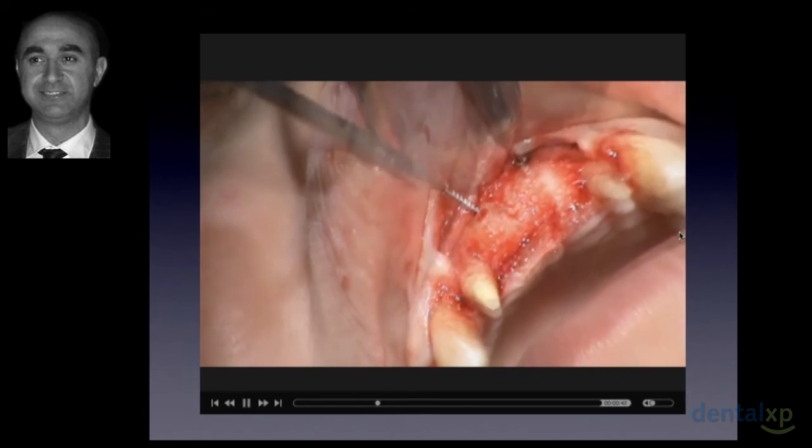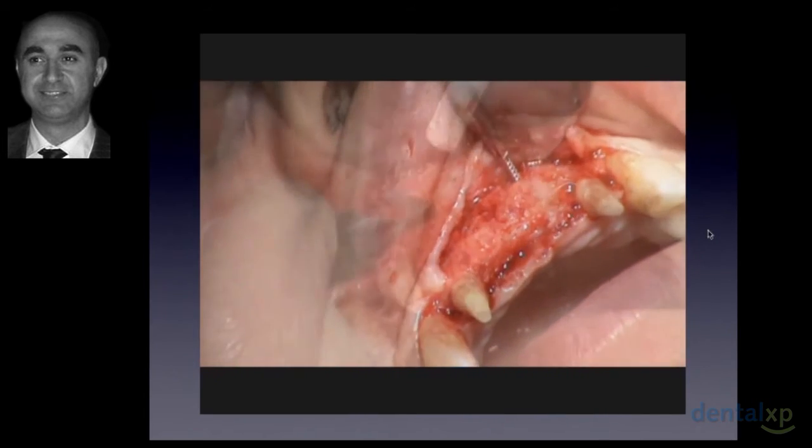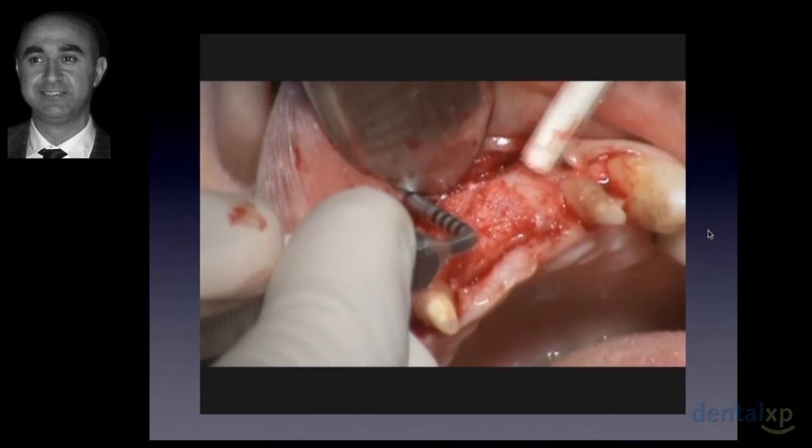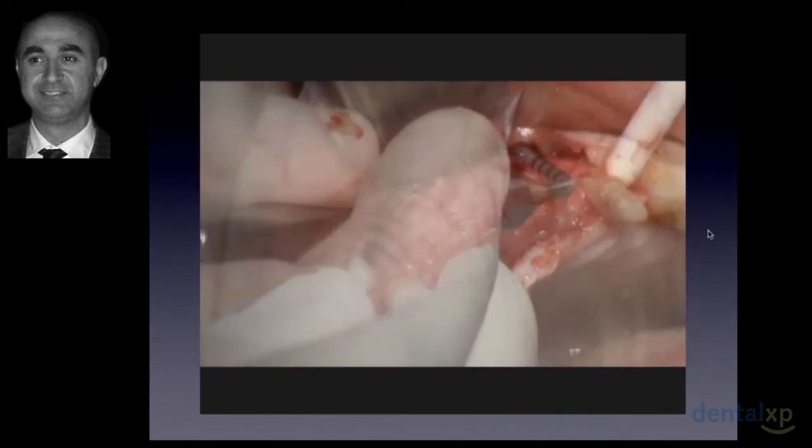Now, removing these fixation screws is quite easy, unscrewing them and just with a gauge measuring the vertical dimension.